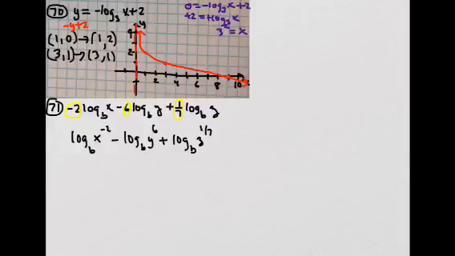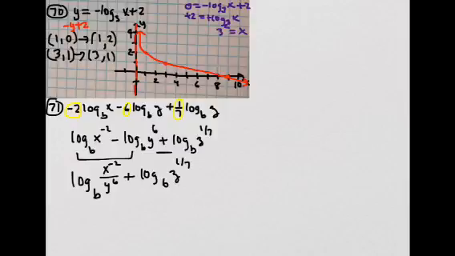Going from left to right, here, these two, it's a difference of the logs, so that's going to be the log of the quotient. So that's going to be log base b of x to the negative 2 over y to the 6th. I'll put it like that first. So here's the sum of two logs, so that becomes the log of the product.